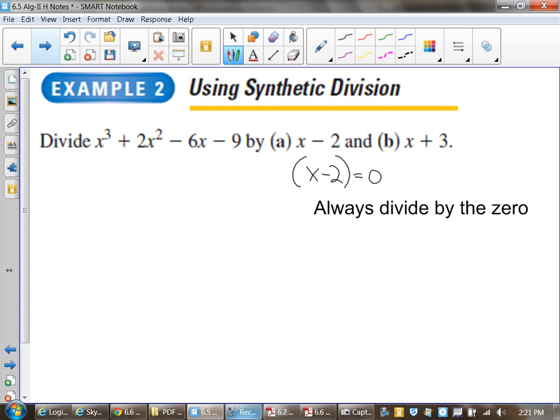When you're using synthetic division, you always divide by whatever that 0 is. So in this case, they're giving you the term x minus 2, which means you have to come up with the 0. In other problems, in a minute, they're going to give you a 0, so you just use that value. You just have to read it carefully.